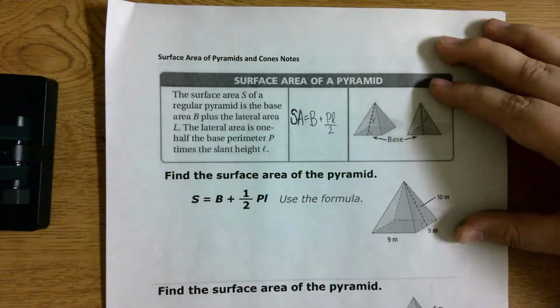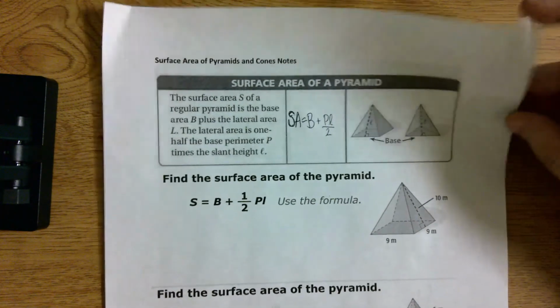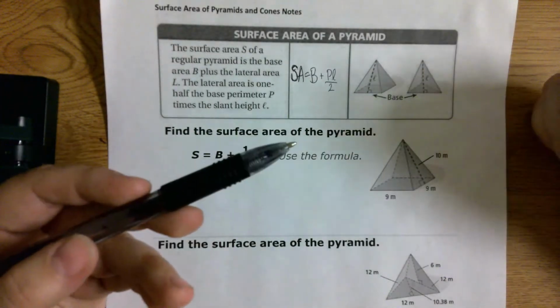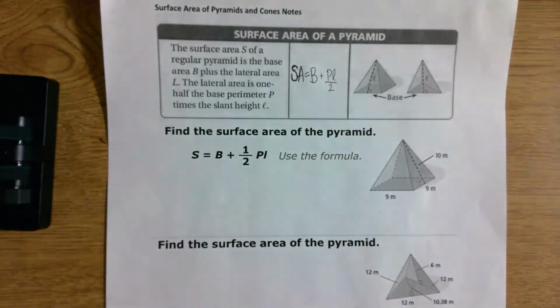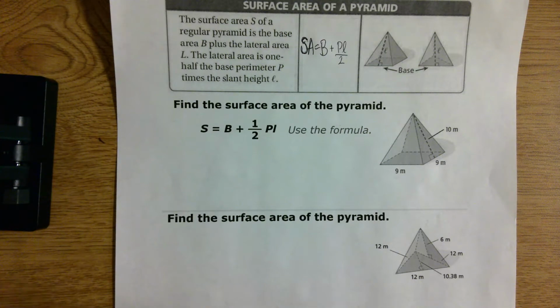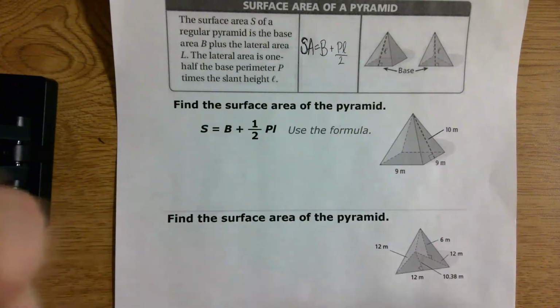All right. Now you might see it as 1/2 times the perimeter times the lateral height. Same thing as dividing by 2. We've talked about this a couple times. One of the things I want to do with you is make sure we're practicing this. So if we're talking about the base, I'm going to use my highlighter here.